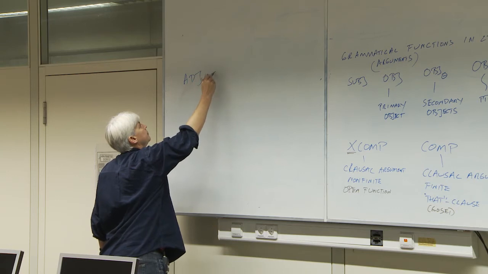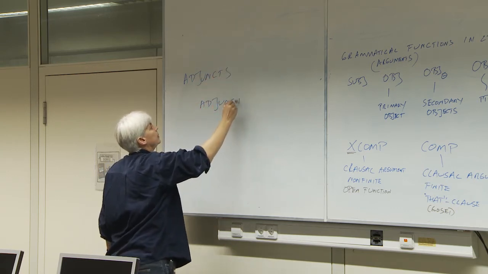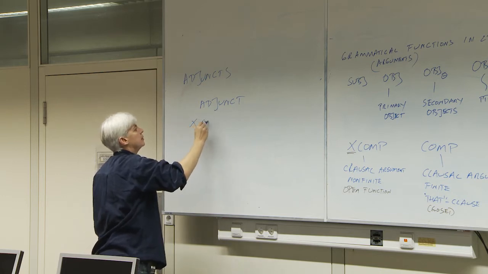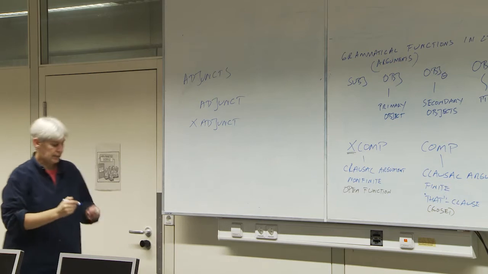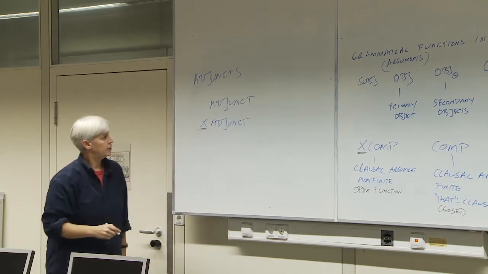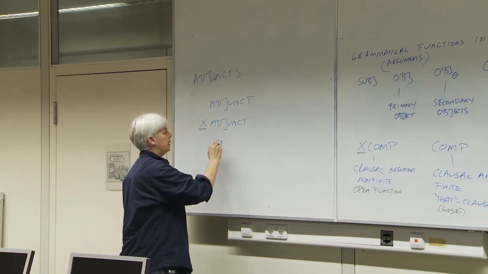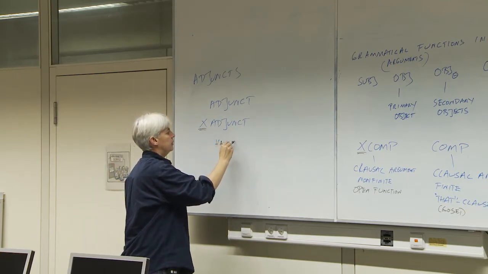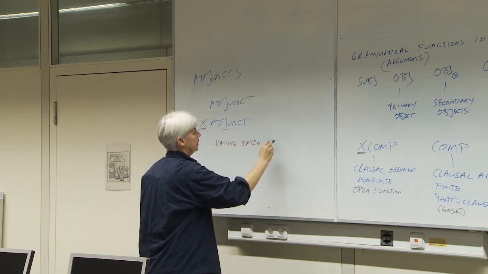We have two. We have ADJUNCT and we have XADJUNCT. Again, the X here means that this is an open type of thing. And the typical example of that is something like having eaten, I went to bed.